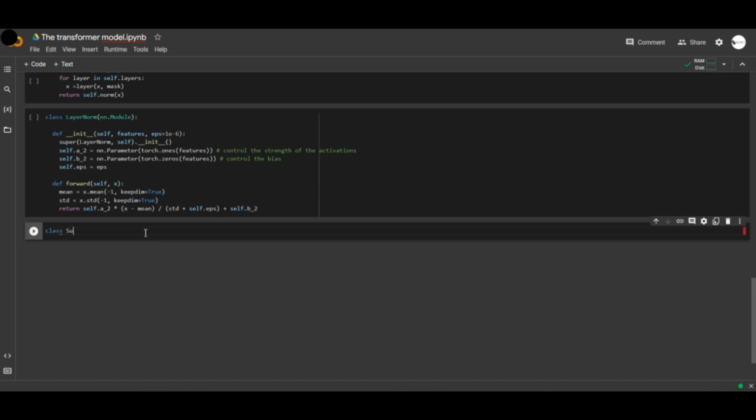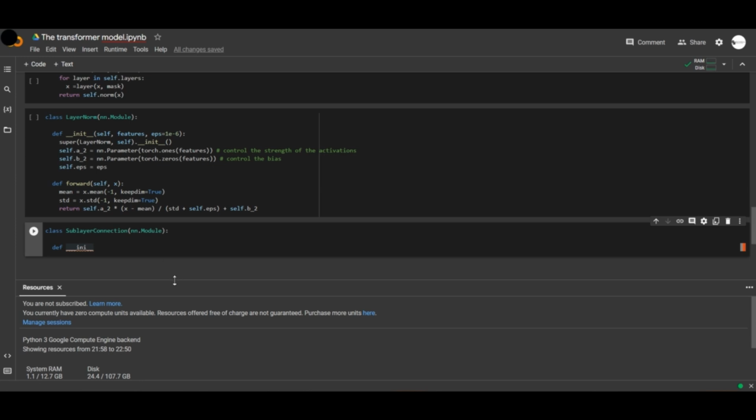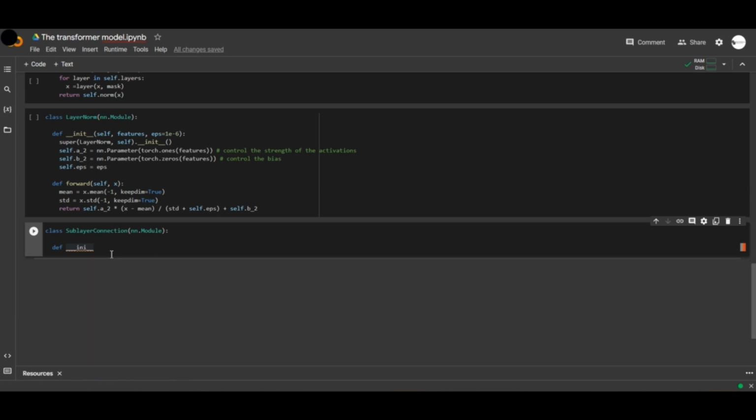We're gonna have a SublayerConnection, taking from nn.Module. A residual connection is always followed by a layer norm. So we're gonna say init. Oops, made a mistake here, sorry about that. Then we're gonna take in the self.